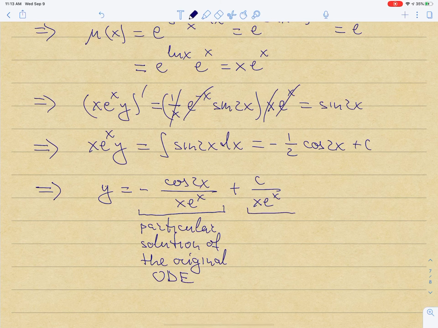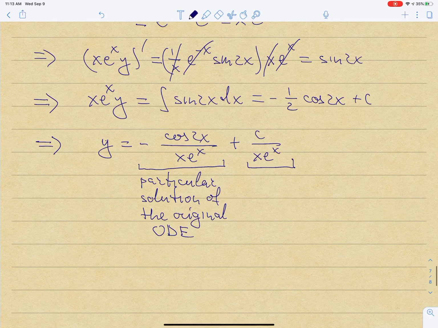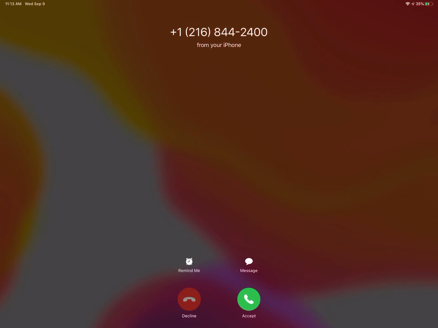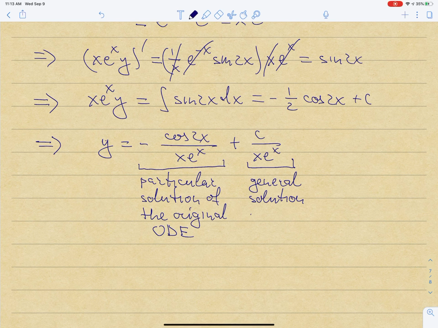And this, the part that contains c, is a general solution of the corresponding homogeneous ODE.